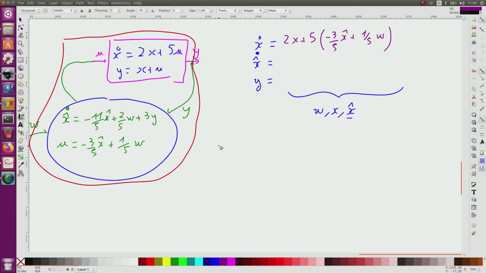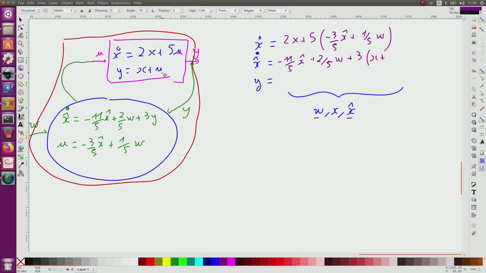Now for x hat dot, I will have minus 11 divided by 5 x hat, which is allowed, plus 2 divided by 5 w, which is allowed, plus 3y, but y is not allowed, and y is equal to x plus u.